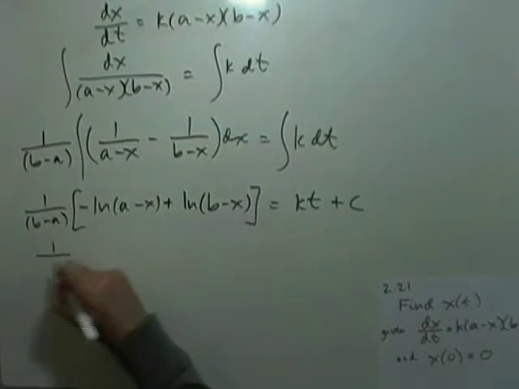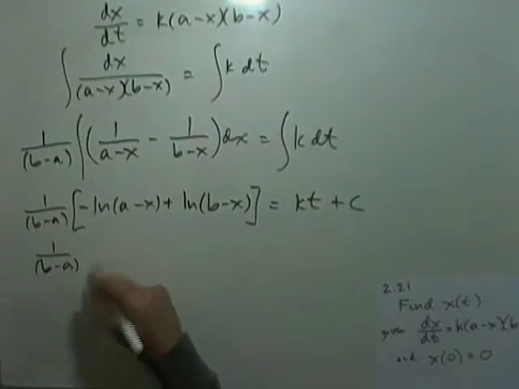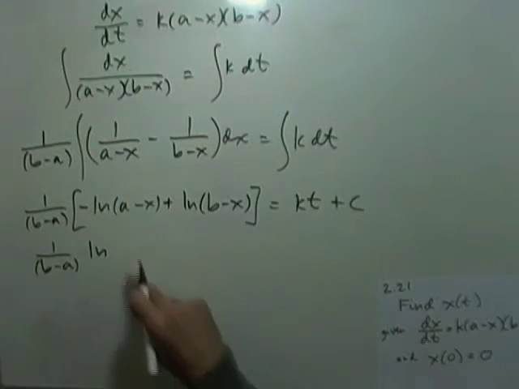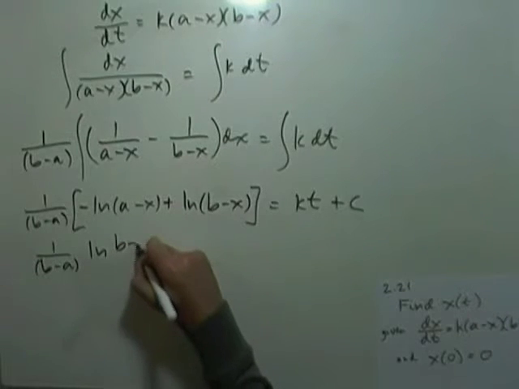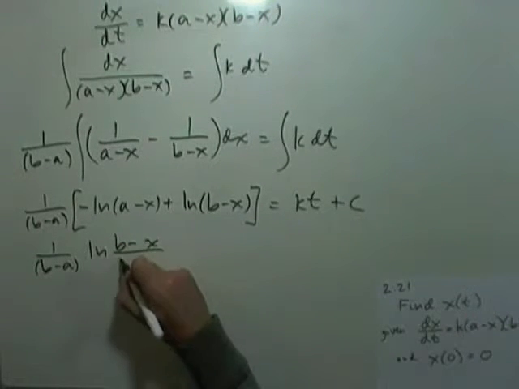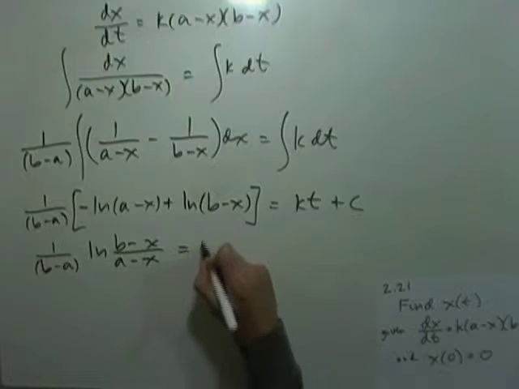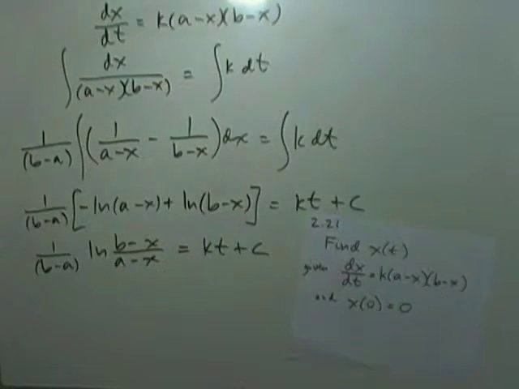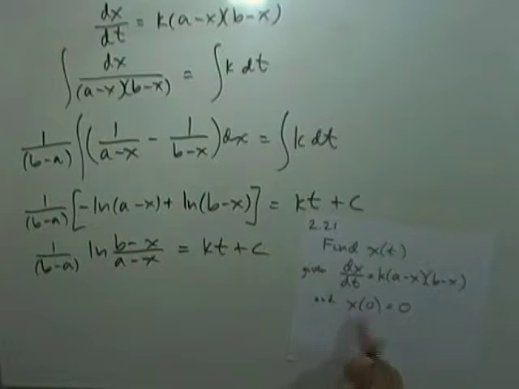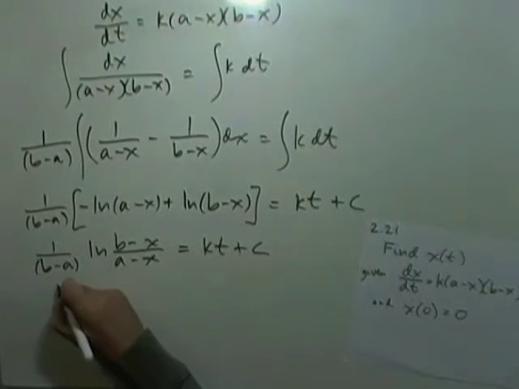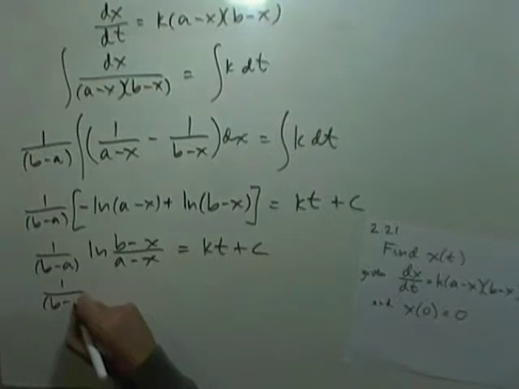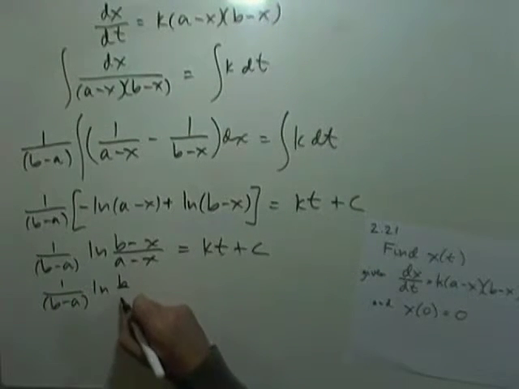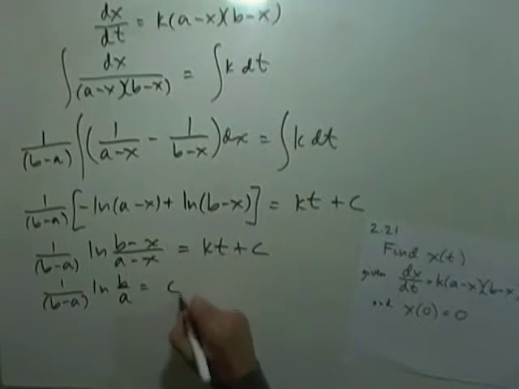So I'll leave that as 1 over b minus a times, and this can be tidied into a single logarithm. That's been subtracted, so that'll be underneath, of b minus x over a minus x, and that will equal kt plus c. And I can call this in. When t is 0, x is 0. So I've got 1 over b minus a times ln b over a equals c.